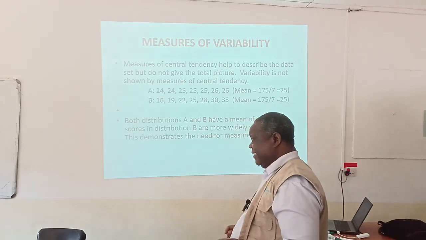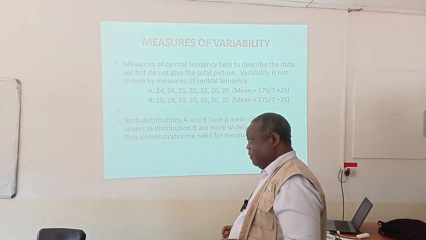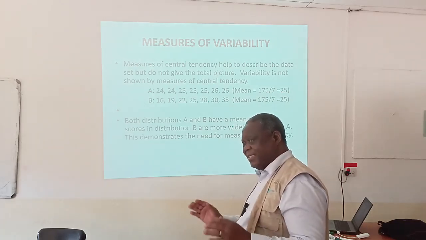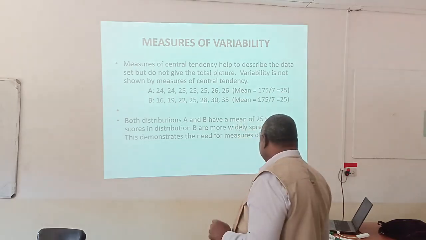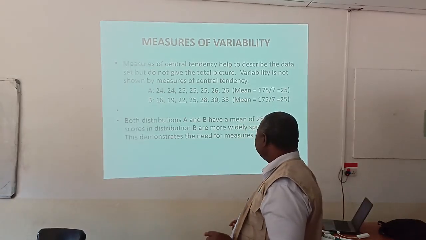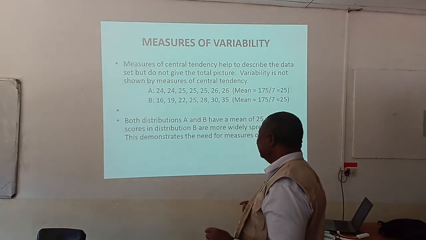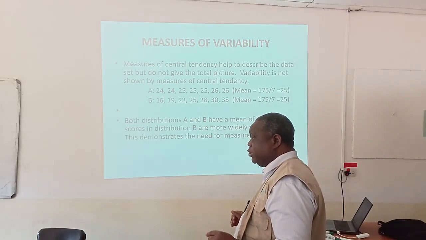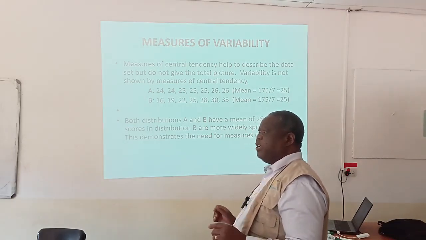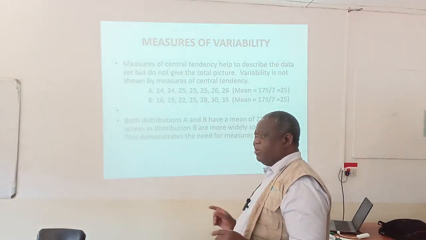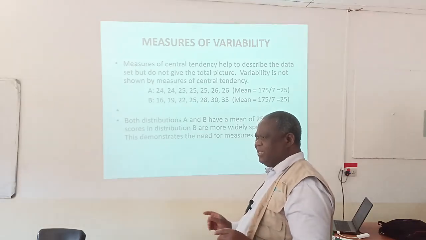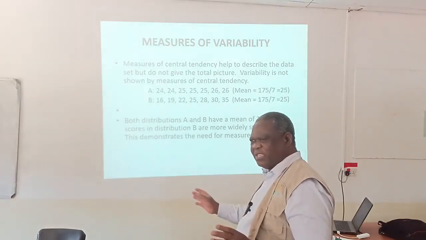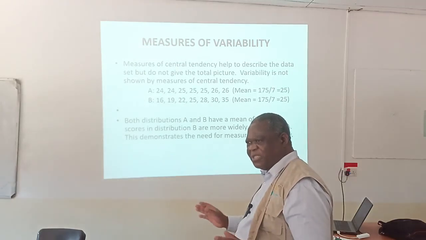So if you have administered an exam in mathematics and you find that somebody has scored 20%, somebody has scored 90%, somebody scored 80%, there is a lot of difference between the performance of these students.